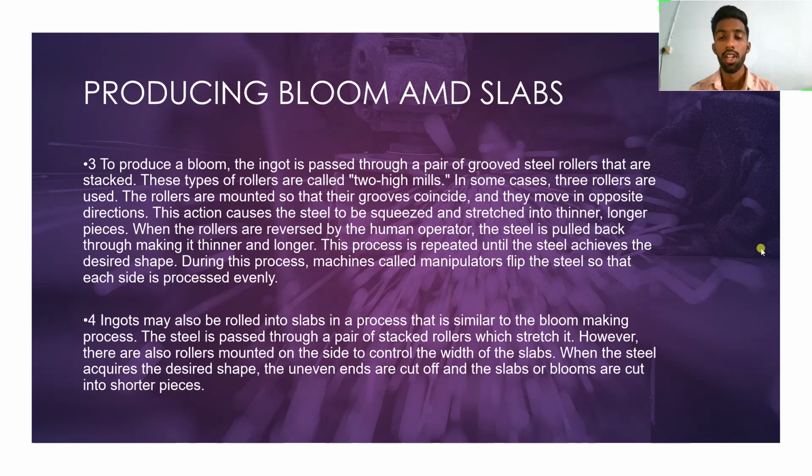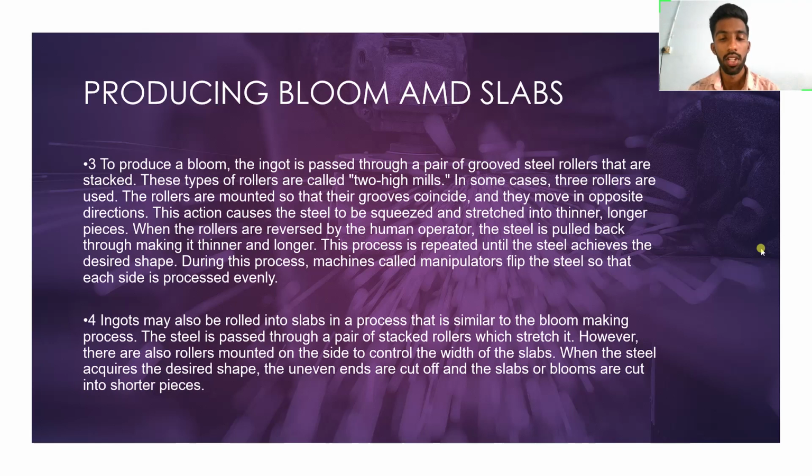When the rollers are reversed by the human operators, the steel is pulled back through, making it thinner and longer. This process is repeated until the steel achieves the desired shape. During this process, machines called manipulators flip the steel so that each side is processed evenly.